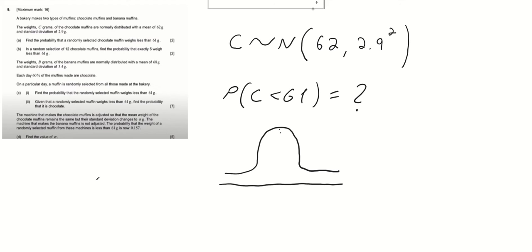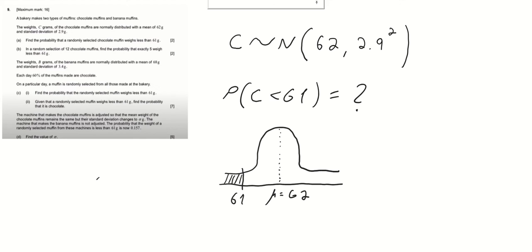The center of the distribution is where the mean mu is 62, and now we have the muffins that are less than 61 grams. So if here is 62, here will be 61, and the probability is the area under the curve. We just need to calculate the probability of having weights smaller than 61.